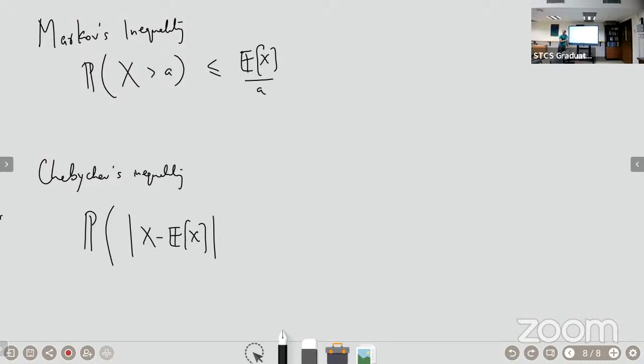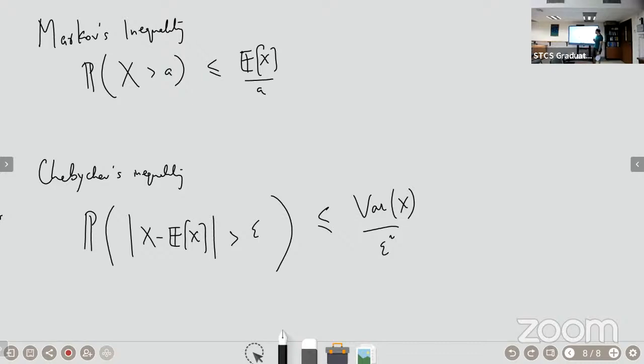What is this? Just this will also work. Then something small, something: the variance of x divided by epsilon squared. This is an application. So to get this, you apply this and get it. Yes. So what is the variance of x divided by epsilon squared? Something is missing.